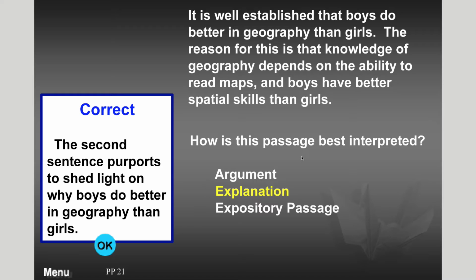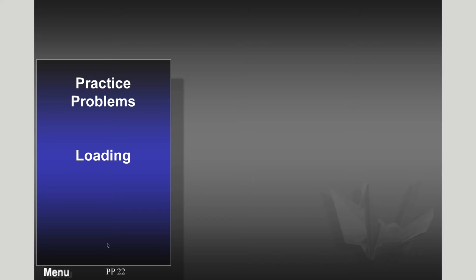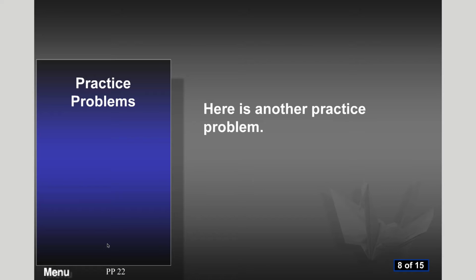And it is. It's an explanation because why is it that boys do better in geography than girls? Supposedly, because they have better spatial skills than girls. That may or may not necessarily be the case, but an argument is being made.